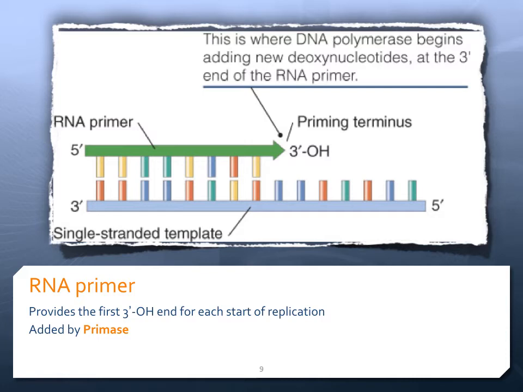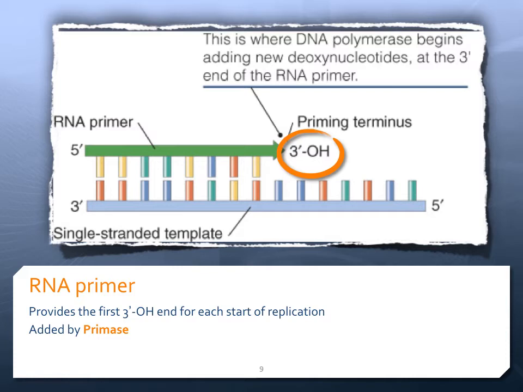Okay, so the RNA primer here will be added by the primase. It will contain about 10 to 20 nucleotides, and it will provide the priming terminus, or the 3' OH end, that is needed for the DNA polymerase.